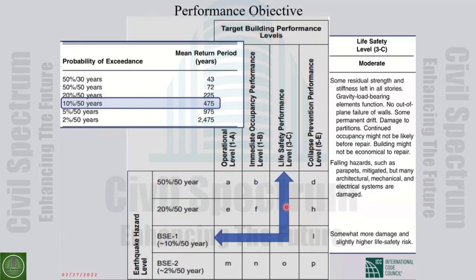Therefore, for example, they say please check if this existing building is satisfying the life safety performance level under this level of earthquake. And so they start with the selection of the performance objective. What level of the hazard and what level of the performance. We start from this. Now the demand part is here.